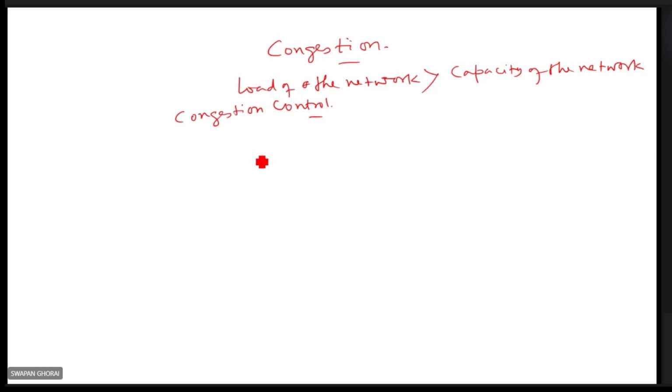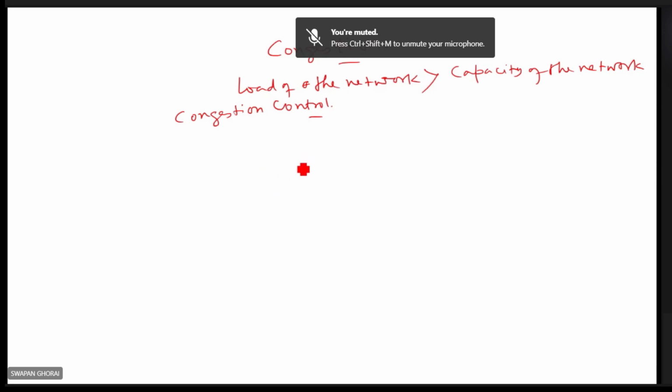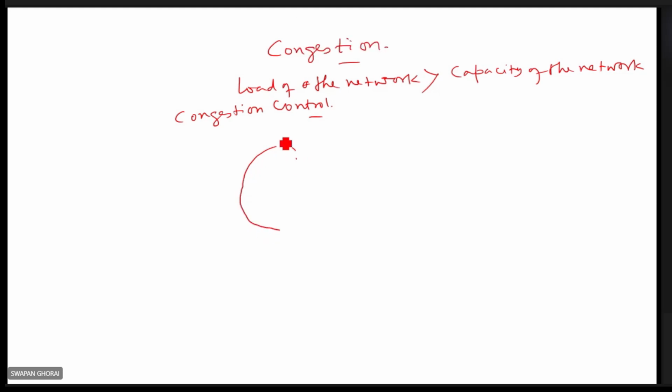Consider a network having nodes, and packets are coming from different subscribers and are delivered to some other nodes.